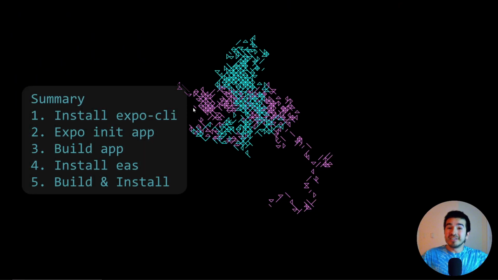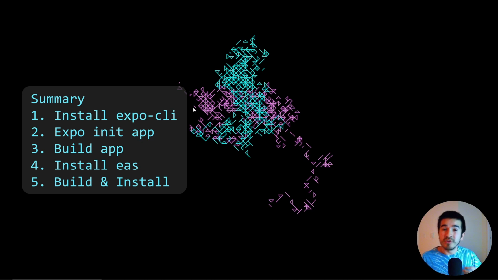Finally, in summary, step one, you're doing your npm install globally of Expo CLI. Next, you are initializing the project with expo init and then your project name. Sometimes you have to do -t blank. Step three, make your application. Essentially, that's going to take the longest, most likely.